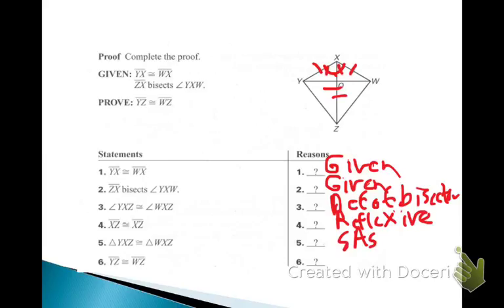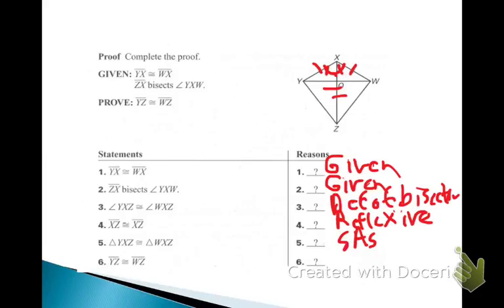Now, how can we say YZ is congruent to WZ? Zach? Nope, we've already used it. We've already got the triangles congruent by the shortcut. What naturally follows after that? Now we want to show two parts are congruent. What do we use there?